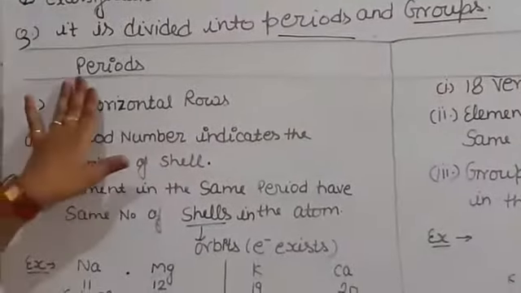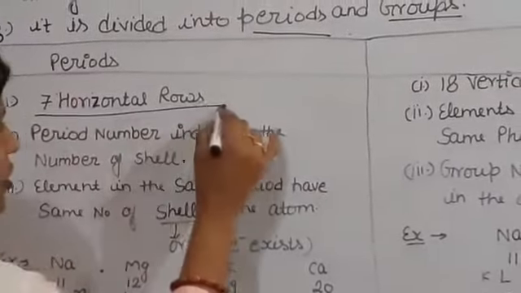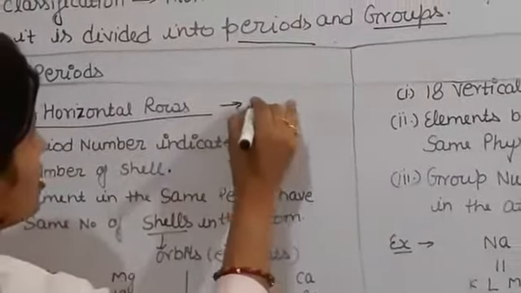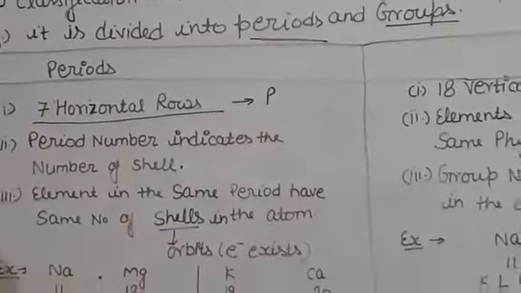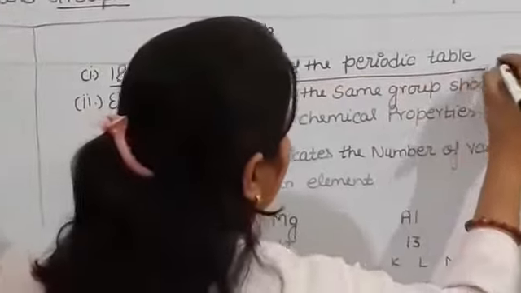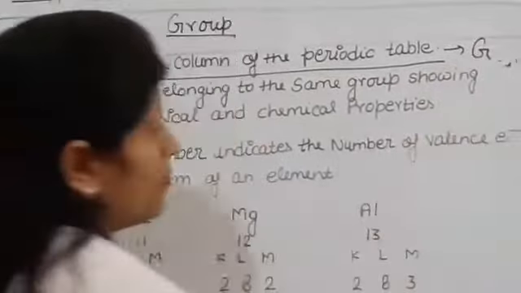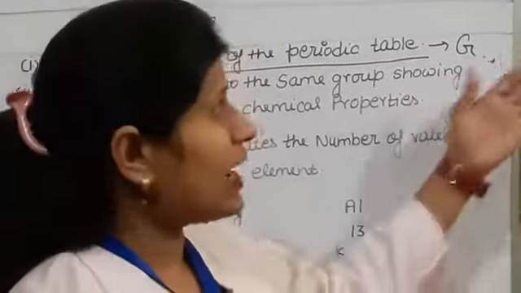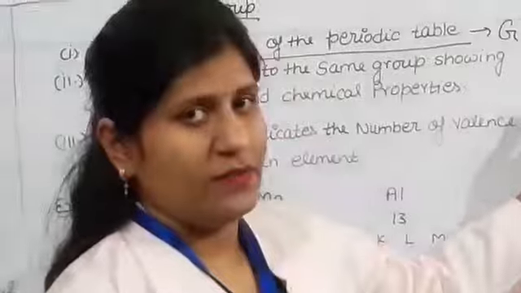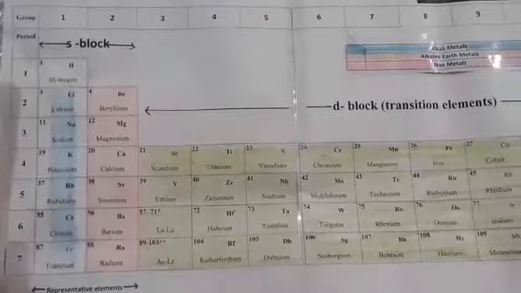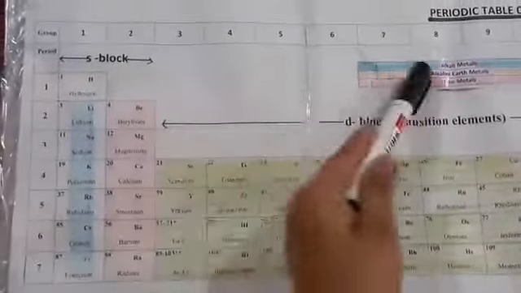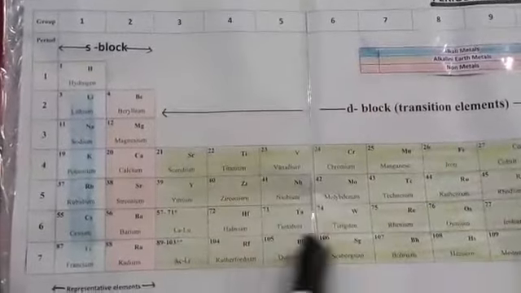Students, in the periodic table, 7 horizontal rows are present, which are known as periods. Okay. And there are 18 vertical columns in the periodic table, known as groups. So look at the periodic table. Students, these horizontal rows are known as periods.